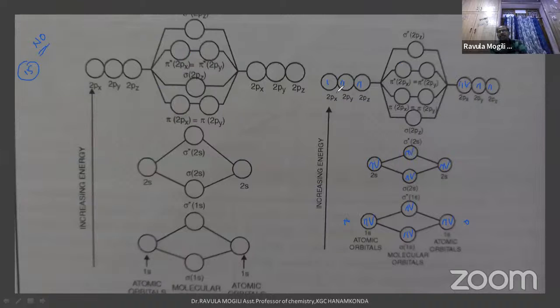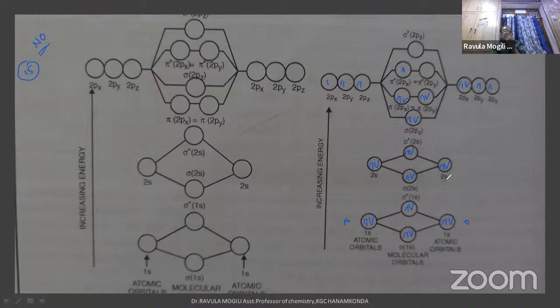So how many electrons are there? 3 plus 4, 7 electrons. 2 electrons are entered, again paired, so 1 electron is present in pi star.